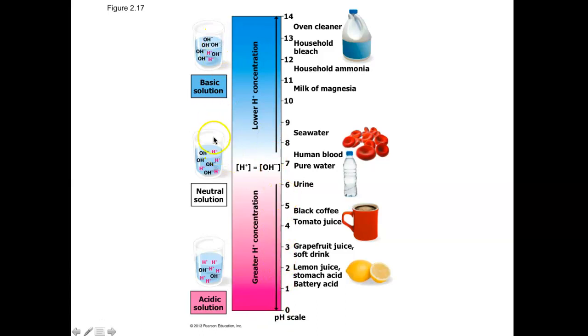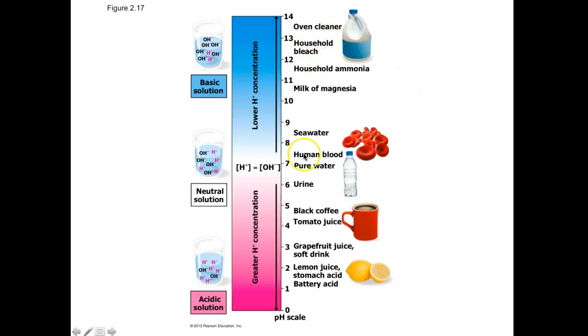If you go the opposite direction, where you have more hydroxide ions in that water than hydrogen ions, you have an imbalance that favors hydroxides, and that solution becomes more and more basic, or you can use the word alkaline.